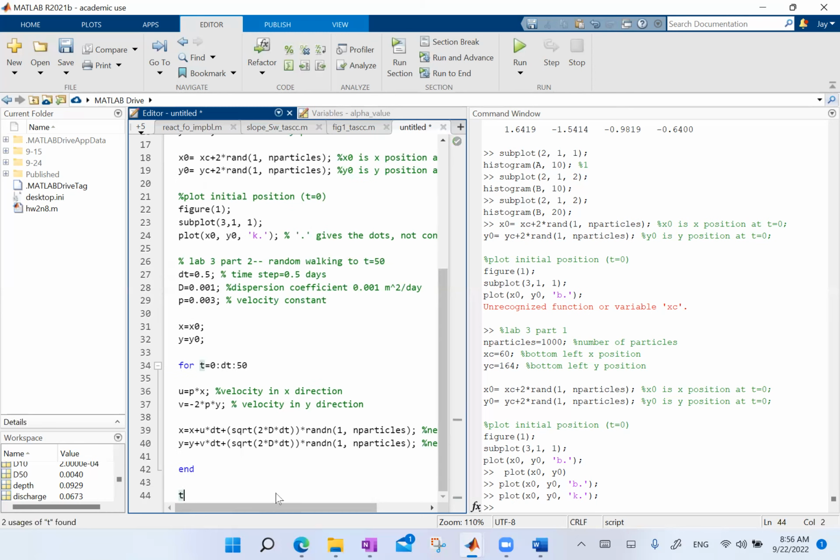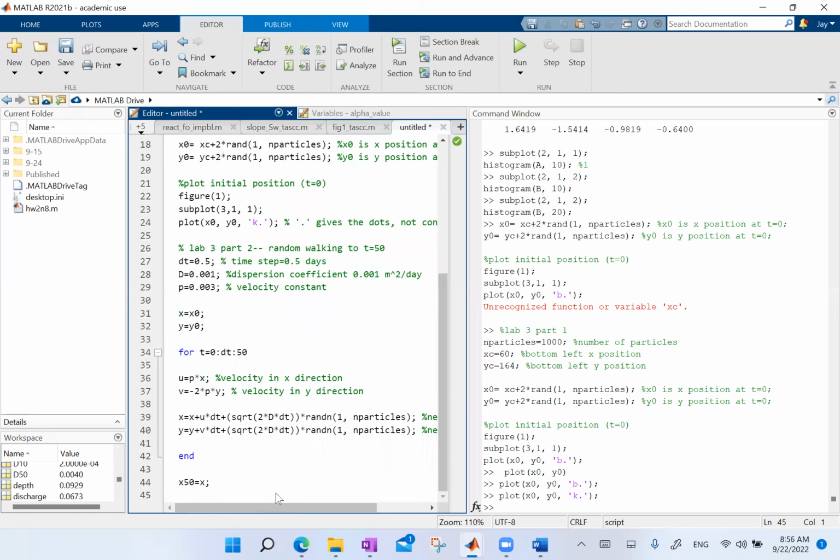So we're going to say x50 is equal to the x value we get from the for loop at the end, and y50 is equal to the y value we get from the for loop. So x position at t equals 50, and the second part is the y position at t equals 50 days.